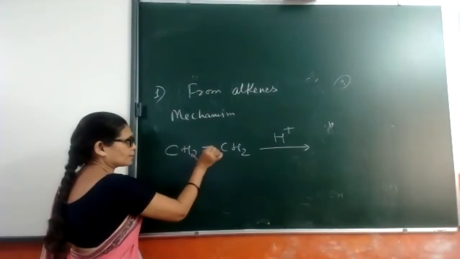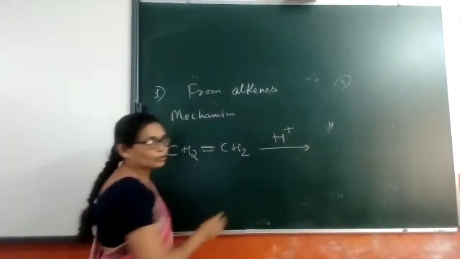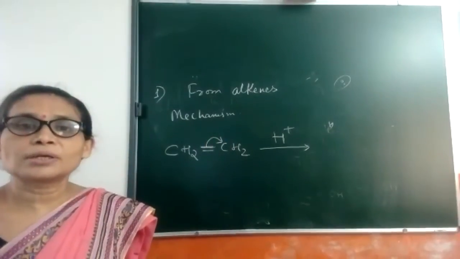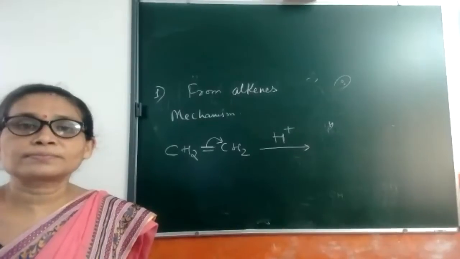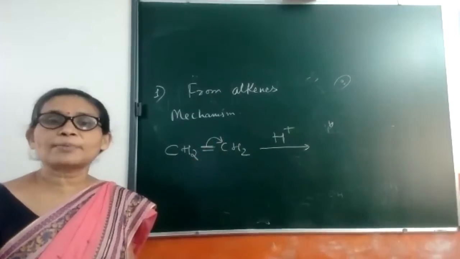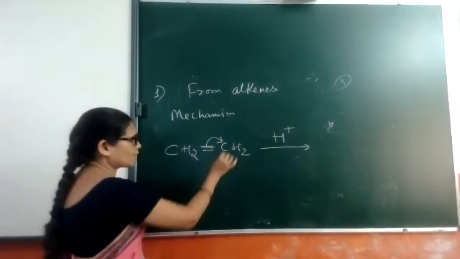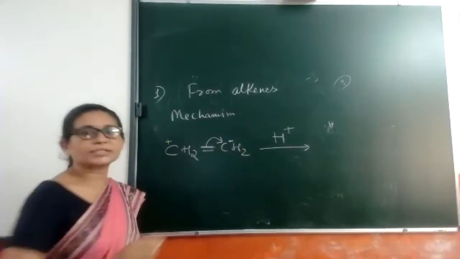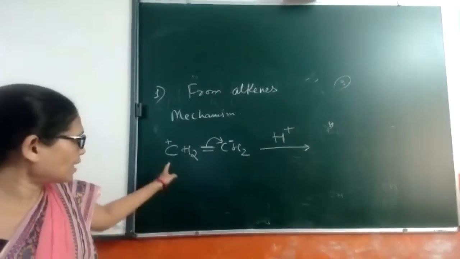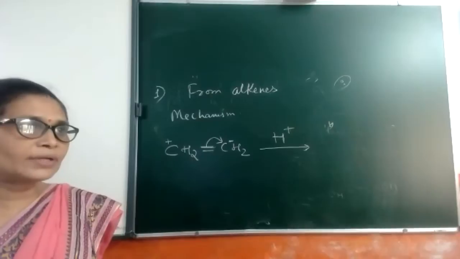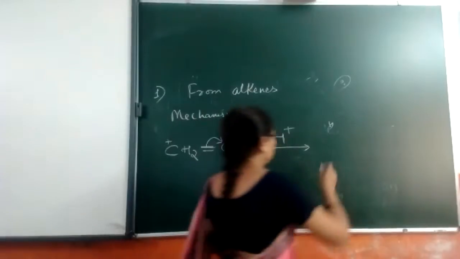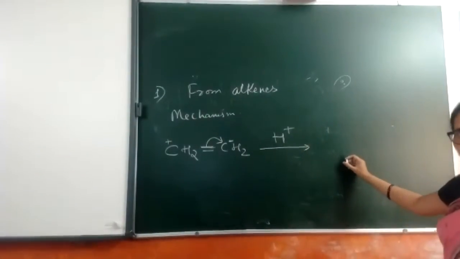This pi bond will break, and due to the effect of this proton, these pi electrons will shift to this carbon because the proton is approaching. That is positive. So the pi bond breaks and these electrons go to this carbon. This carbon gets negative and that one gets positive charge. So carbocation formation is taking place.